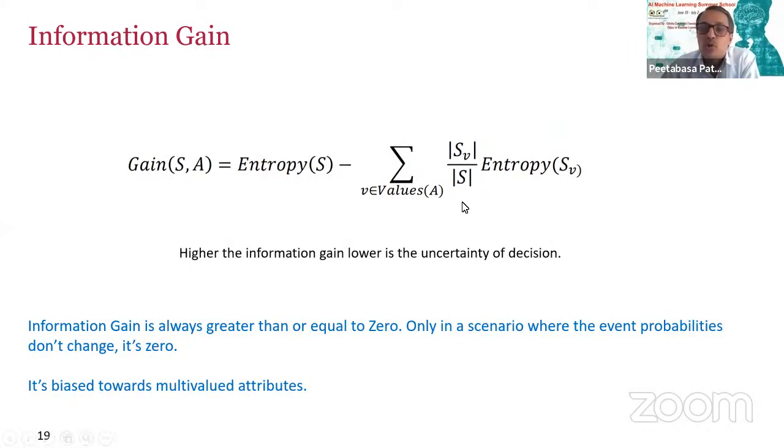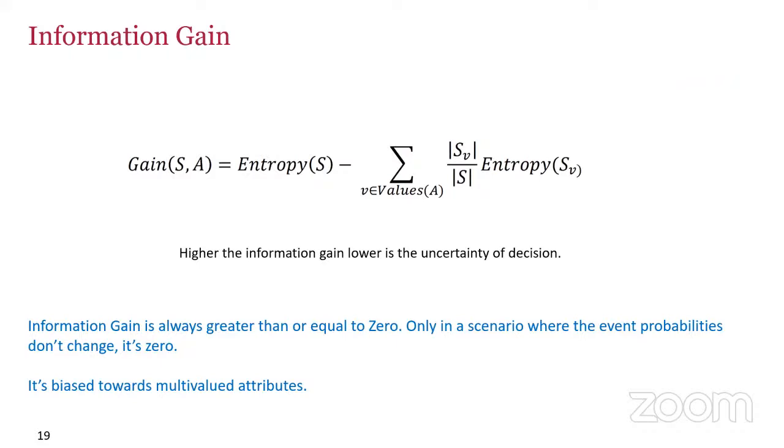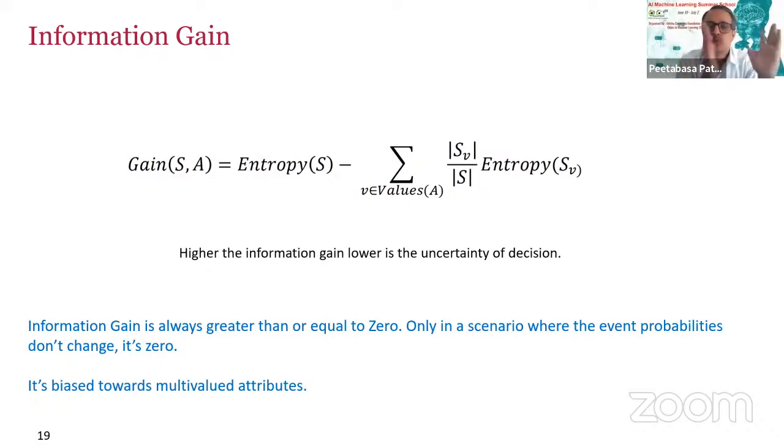The weighted average of these entropies would increase only in a scenario where you are adding more randomness into this set by splitting it. That's not possible. The worst scenario which can happen is that you have a set of students yes, students no, persons buying, persons not buying, and the split is done in such a manner that the yes group of students and the no group of students have buying computer and not buying computer equiprobable, as in the initial set.